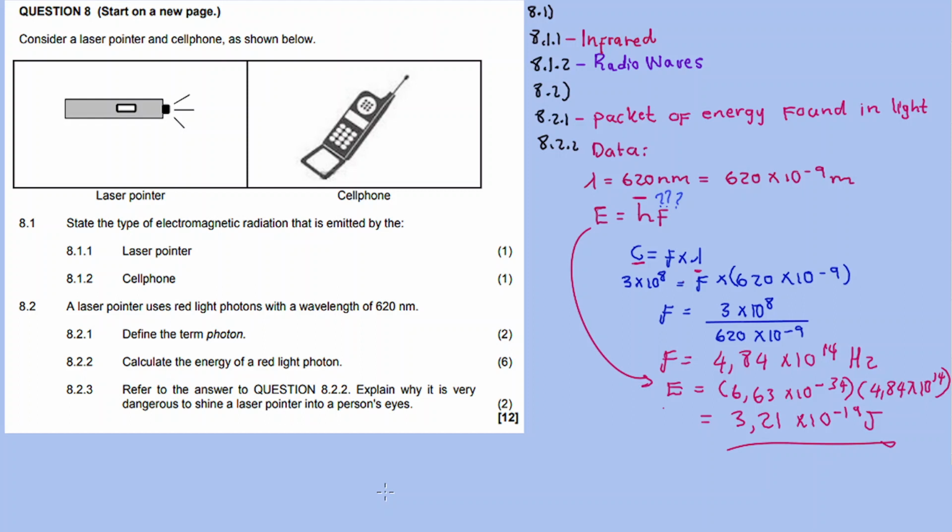And then for the last question, 8.2.3, refer to the answer in 8.2.2. Explain why it is very dangerous to shine a laser pointer into a person's eye.